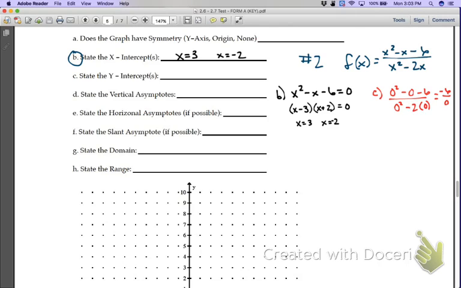You're going to have 0 in the denominator. So is there a y-intercept in this case? None, or in that case it's not applicable.